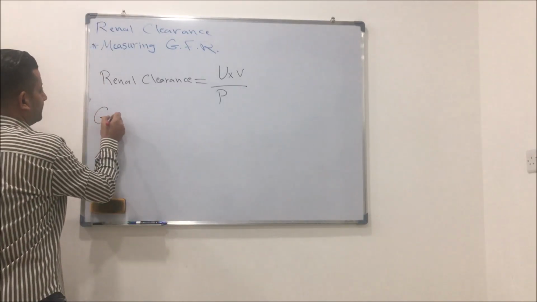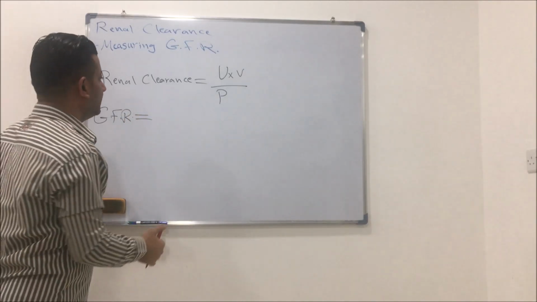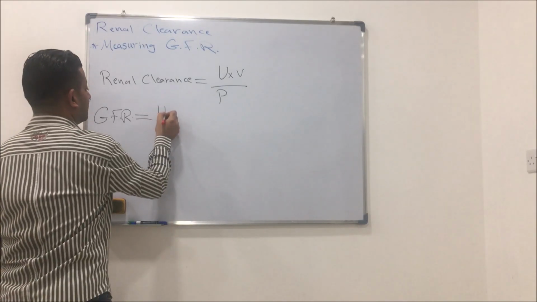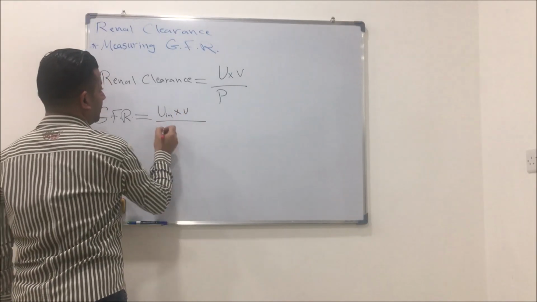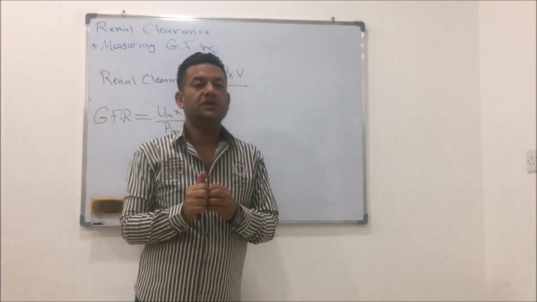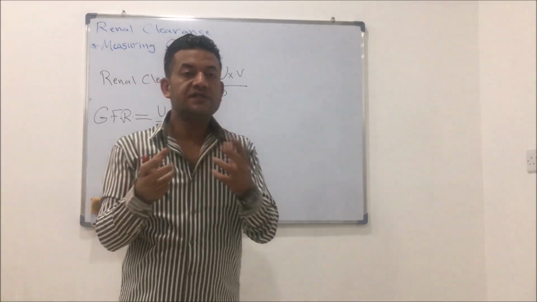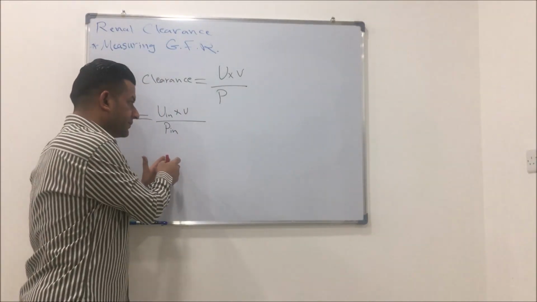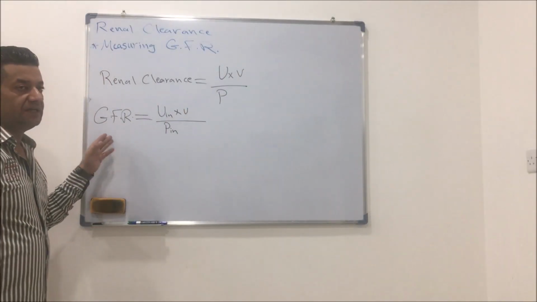So the GFR can be measured by using the same equation: the urine concentration of inulin multiplied by the volume flow rate, divided by plasma inulin. First, inulin is injected, and after a period of time, which is 1 minute, the concentration of inulin is measured within the urine and within plasma, and then by applying this equation, the GFR can be determined.